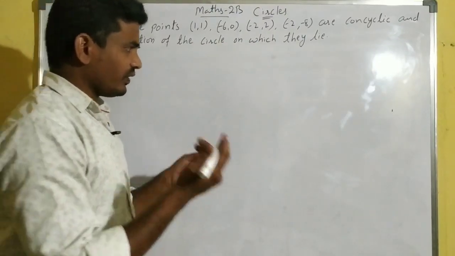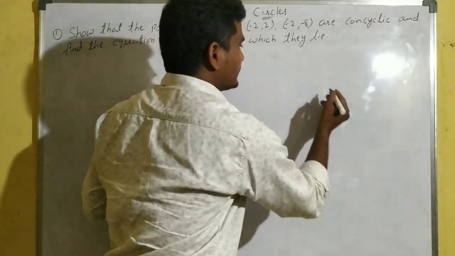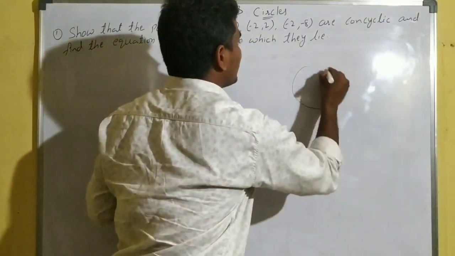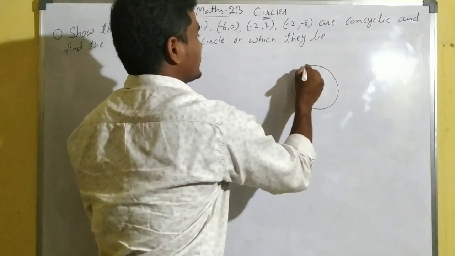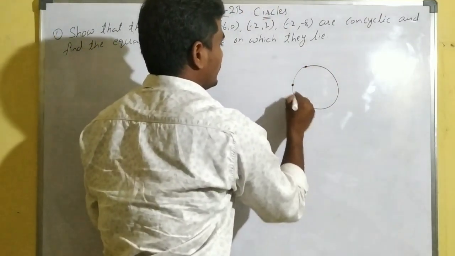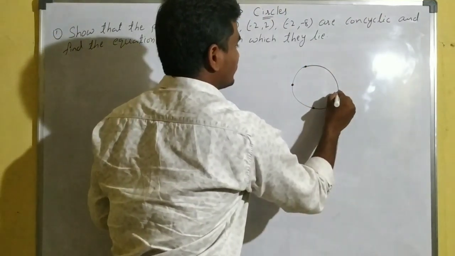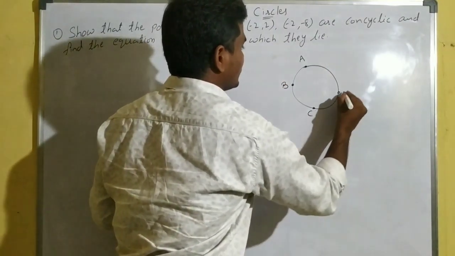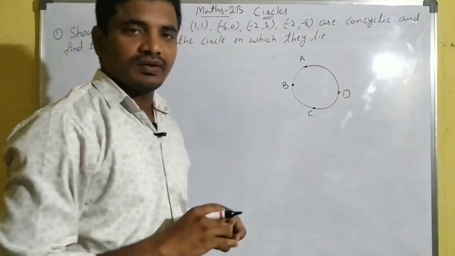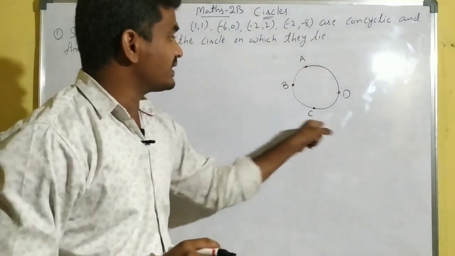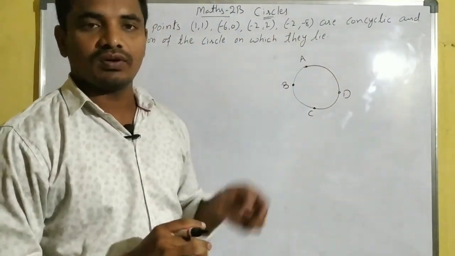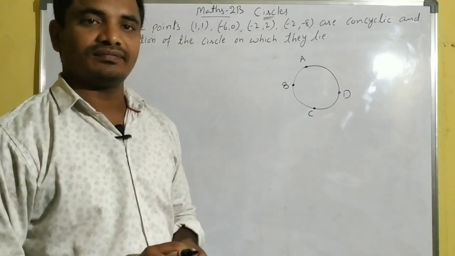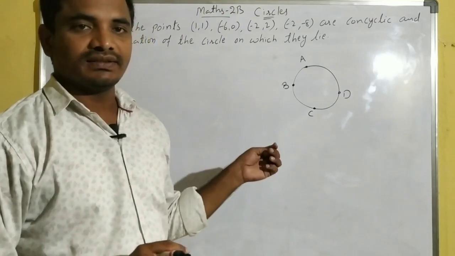Concyclic is nothing but these 4 points lying on the circle. Let me take this as A, this is B, C, D. Then we call these points concyclic and this circle we call the concyclic circle. I think you got it.